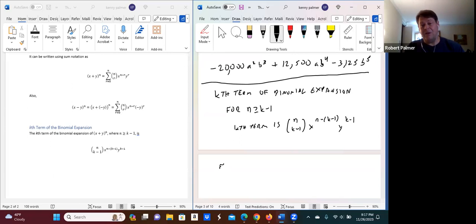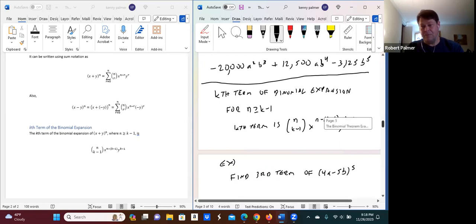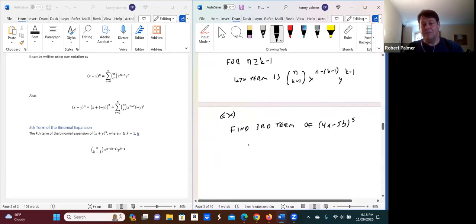Let's say I want to find, doing a quick example, find the third term, or the one we just did, of 4a minus 5b to the fifth.